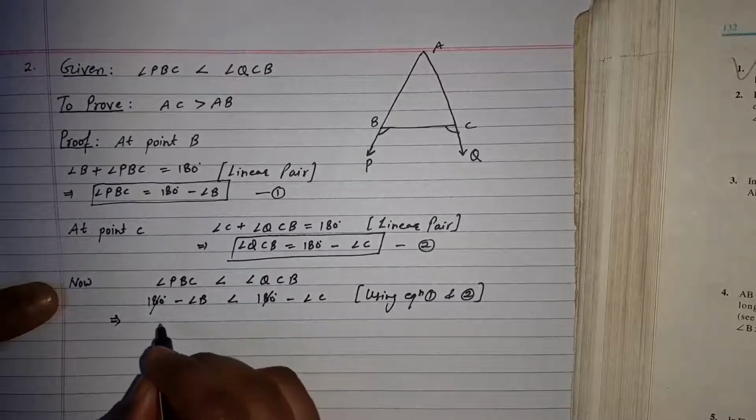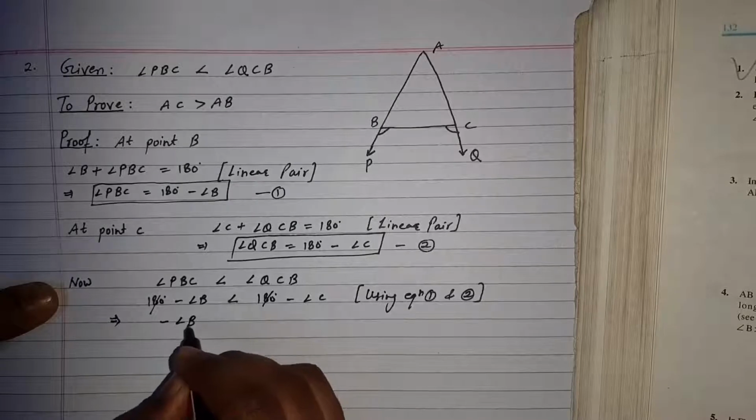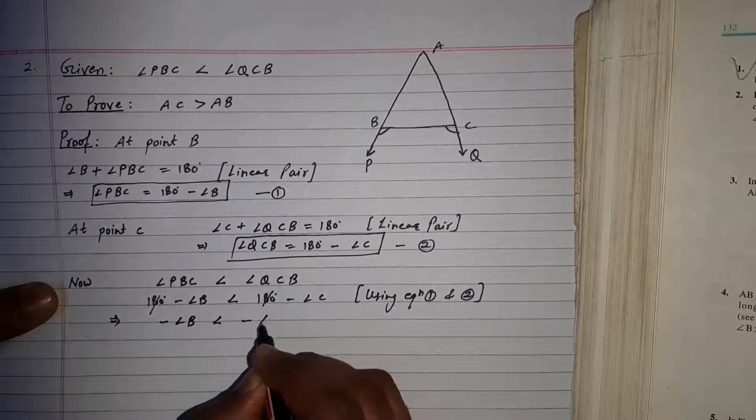So it will be minus angle B is less than minus angle C.